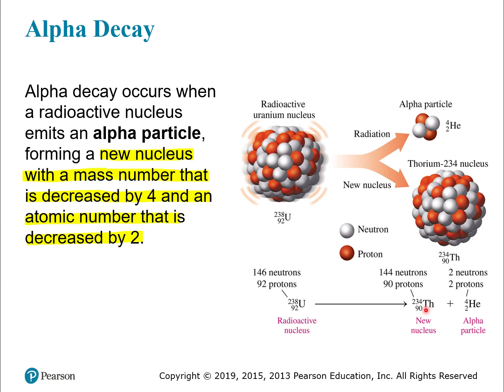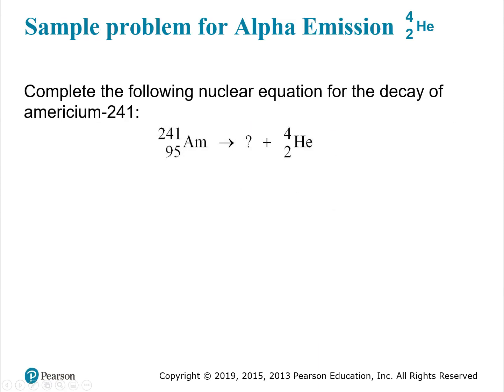That 90, you can go to the periodic table and look up what element that corresponds to. That corresponds to thorium. So you could put that symbol in, and we already know we emit this helium particle. That's an alpha particle. That's going to be the same exact way that we solve our sample problem for alpha emission.